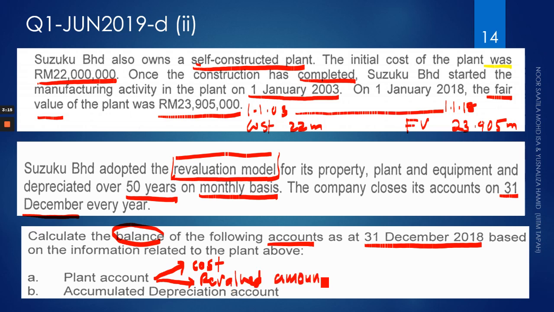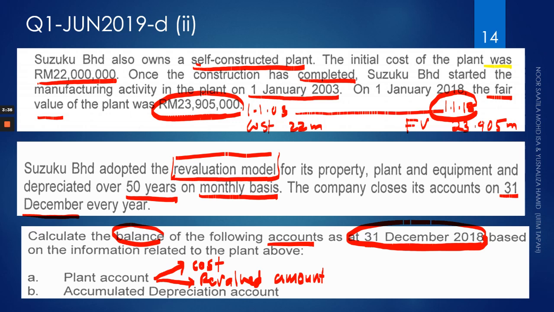The revaluation took place on 1st of January, so there is no more revaluation after that. So on 31st of December, the plant account will have to be 23.905. So it's a direct question on plant.